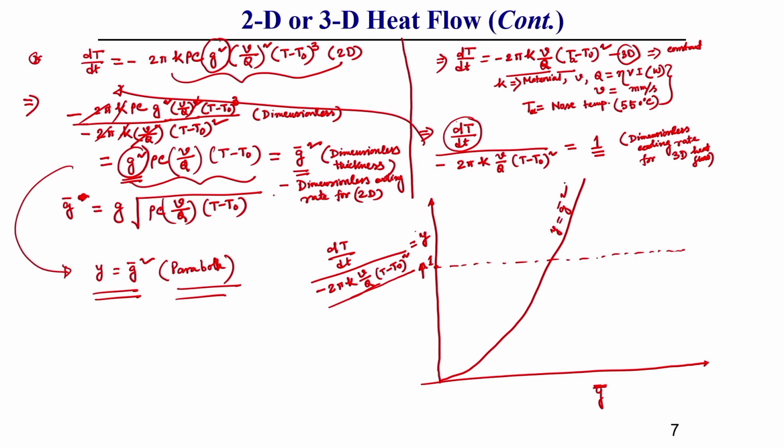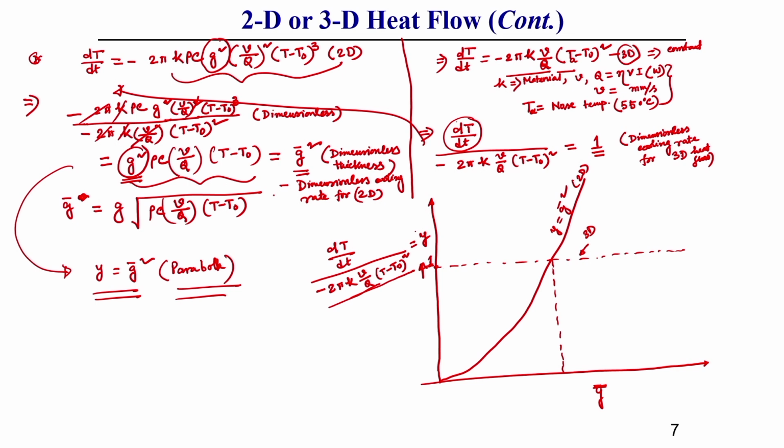Now, always keep in mind that for this 3-dimensional type of cooling, the non-dimensional cooling rate has a constant value. So y equal to G bar square is the cooling rate curve for the 2-dimensional case, and the constant one is the equation for the 3-dimensional cooling rate.